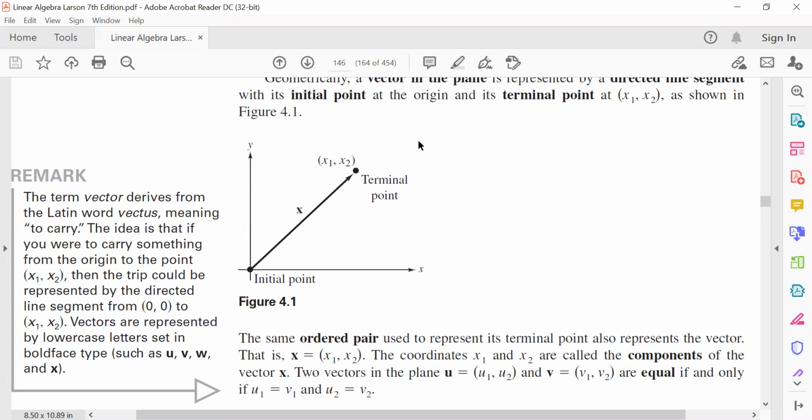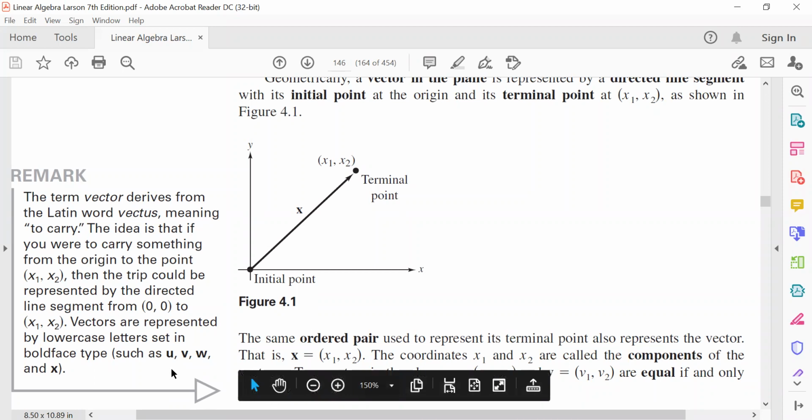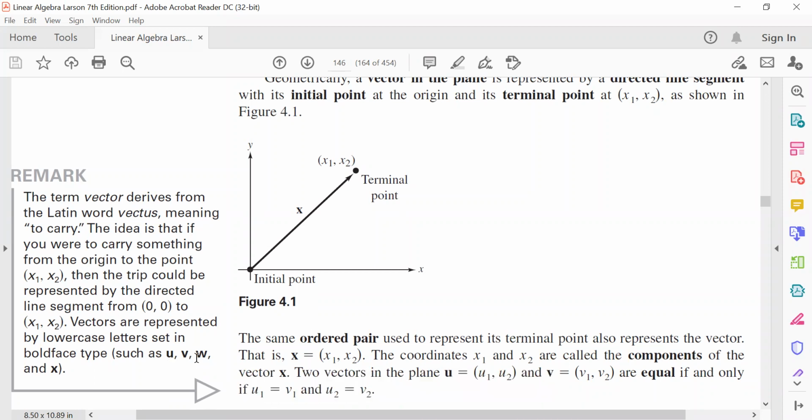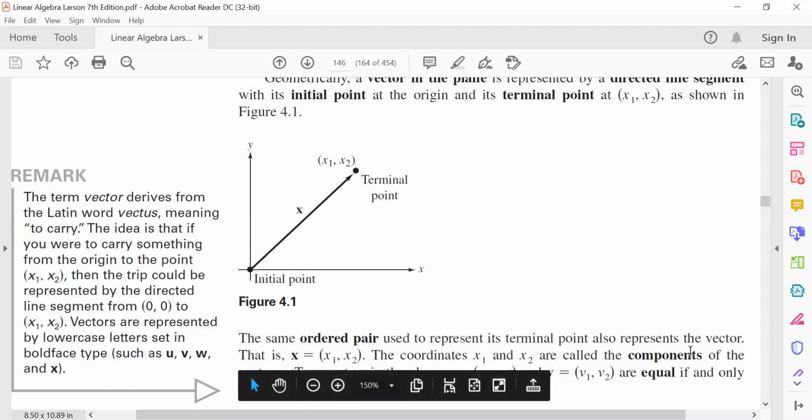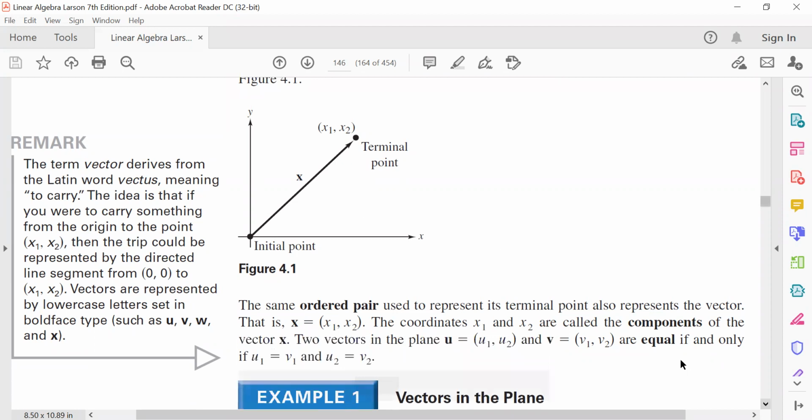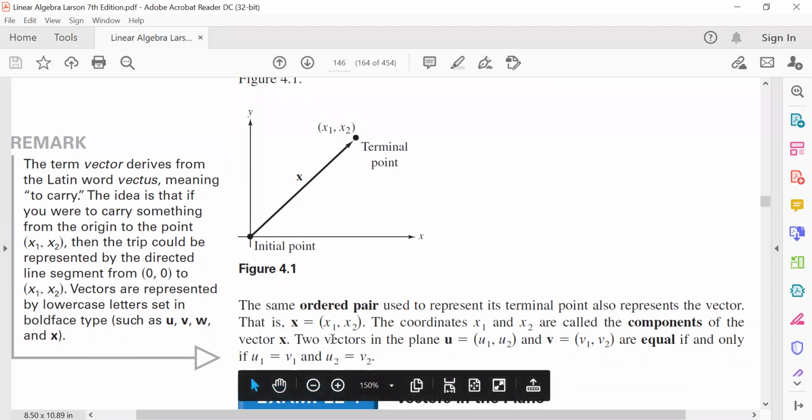So usually in this textbook, we represent vectors as bold, small letters, not capital, but bolded. So the bold u, the bold v, the bold w, and so on and so forth. That's just some notation that we're going to be using. Now the x1 and the x2, the variables that go inside, we call those the components of the vector, and two vectors are equal if and only if their components are equal.